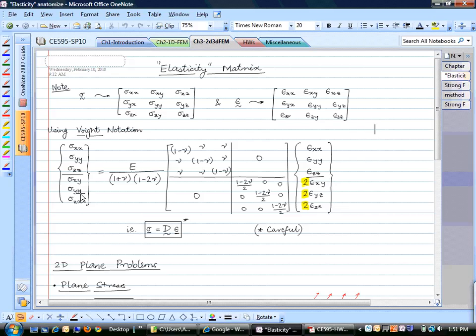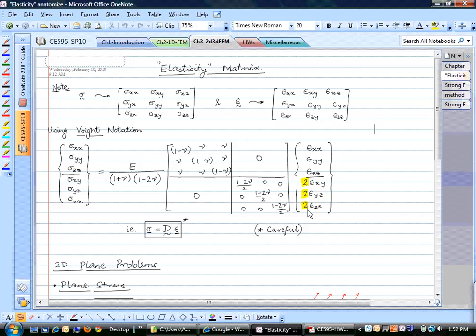Okay. All right. So what we've done now is we've said that the stress is some linear function of the strain, and the strain is this strain that we are defining here. This is called the engineering strain, where for these off-diagonal terms, we actually have a factor of 2 sitting in there.